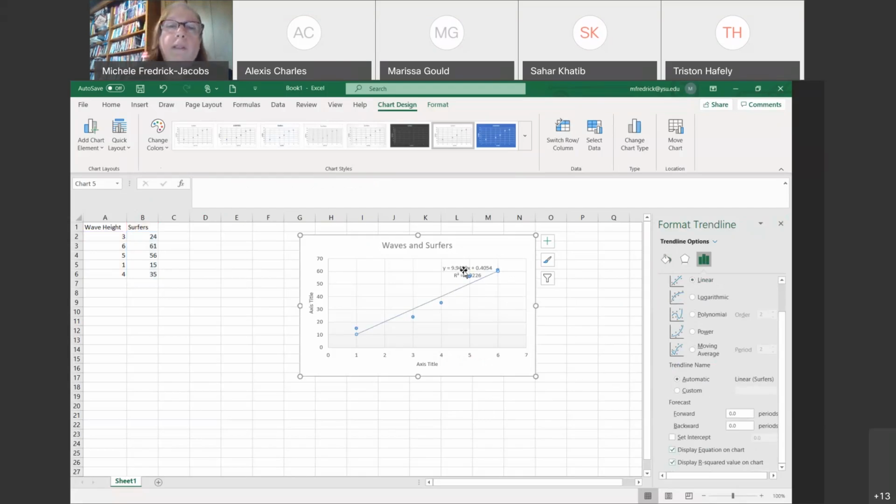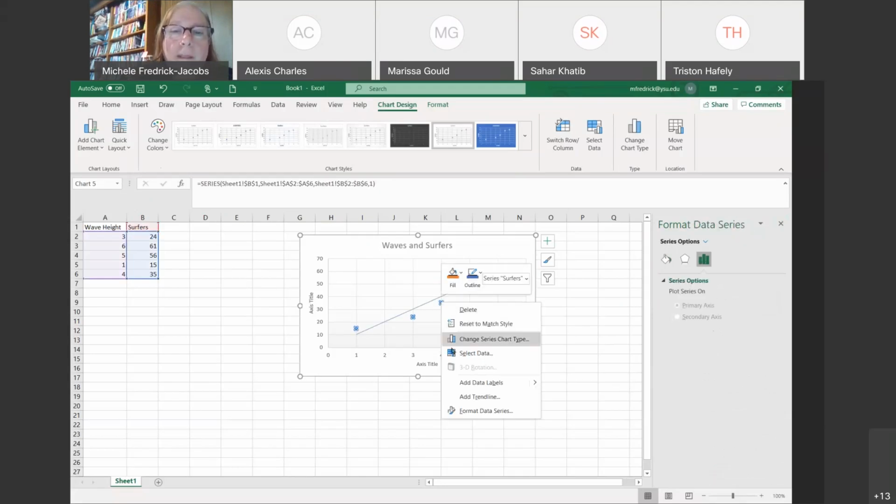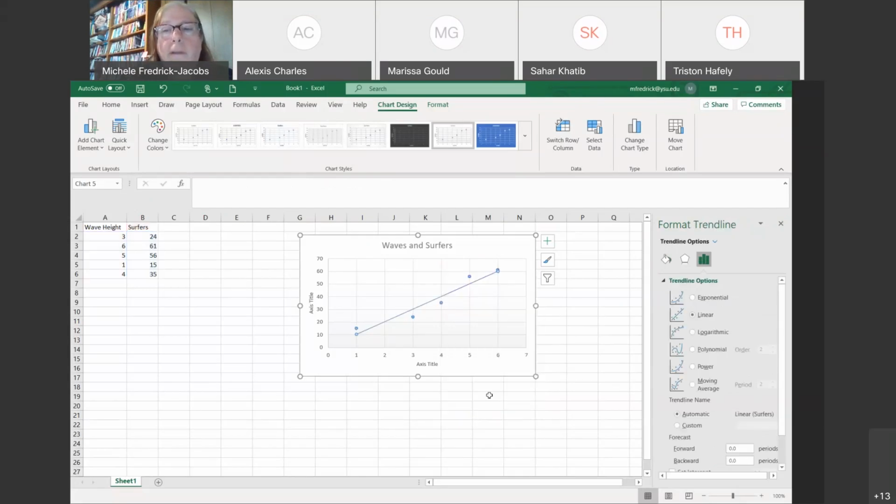So what I did was I picked a point and I right clicked it. And then I went down to add trend line. And then it brought it up over here. So that's another way that you might be able to get it to come up.